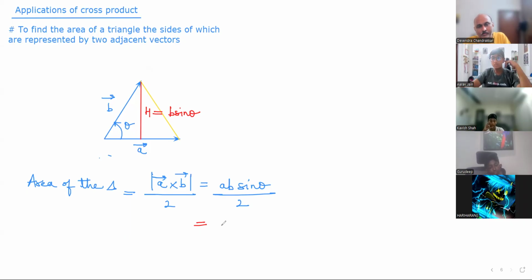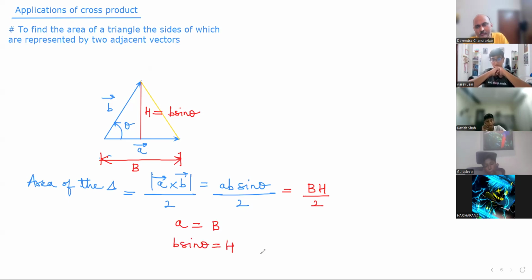So what is this expression? A is representing the length of the base, right? So we have base into height h upon 2, where A is equal to the base and B sine theta is equal to h, right?